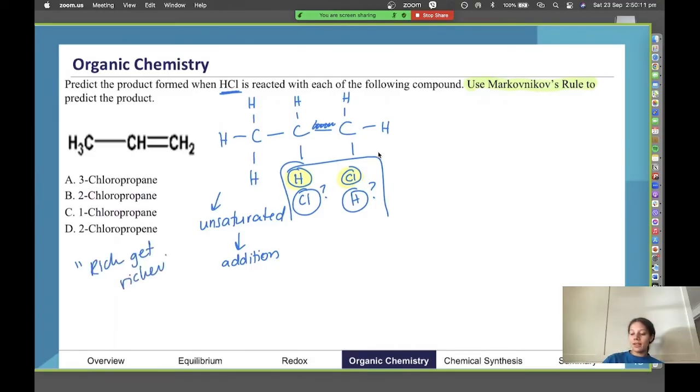What I mean by that is that the carbon that has the most hydrogens is most of the time going to be the one to gain the hydrogen from whatever you're adding. If we look at, I'm going to highlight them, this carbon has 2 hydrogens on it, and this carbon only has 1. So when we add the HCl, the hydrogen will preferentially go to the carbon with the most hydrogens. So that's our major product.